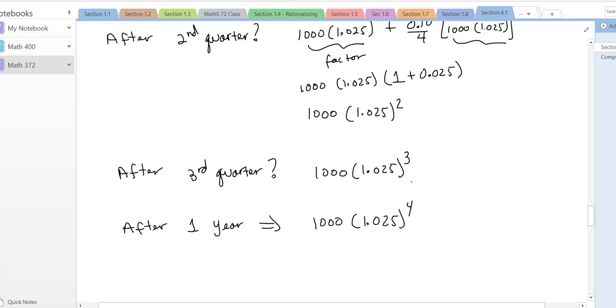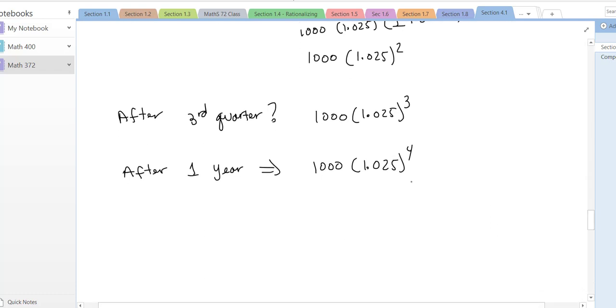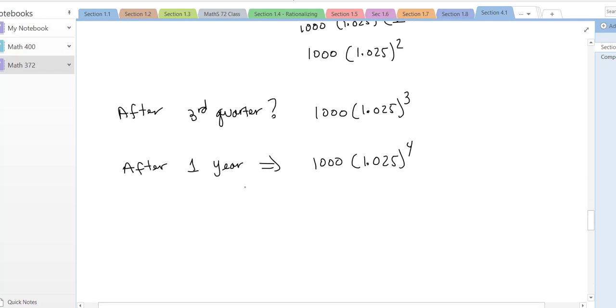What about after 2 years? So notice that after 2 years, in the fifth quarter, we're going to do this all over again, in the sixth quarter, and so on and so forth. So after 2 years, we're going to repeat this process how many more times? 4 more times, right? So it's going to be 1,000 times 1.025 to the 8th.